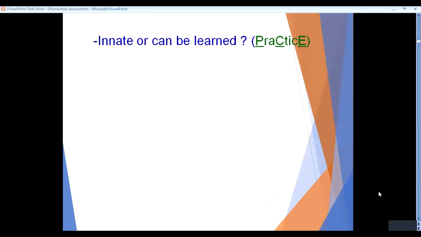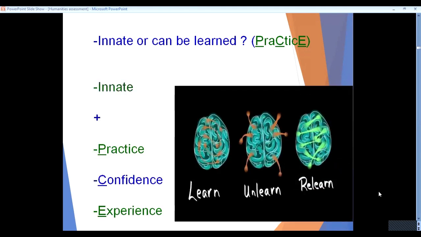Now, the question was, last time we had discussed this also, whether attributes of humanities are innate or they can be learned. Of course, many attributes of humanities are innate. Some people are very good at soft skills, the compassion, empathy, communication skills, etc. Some are very extroverted.